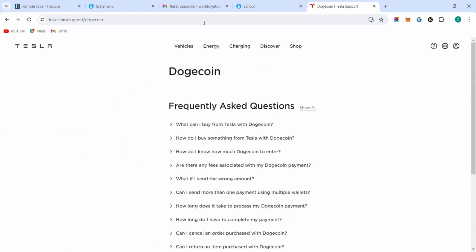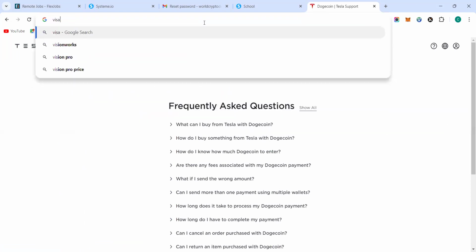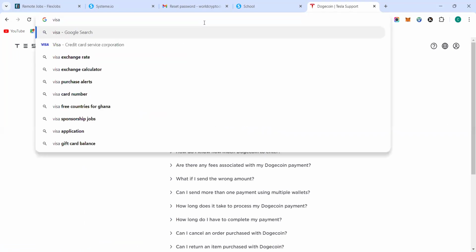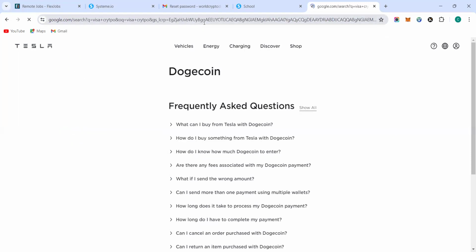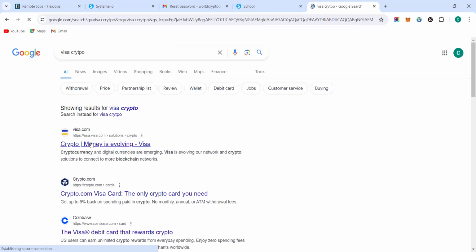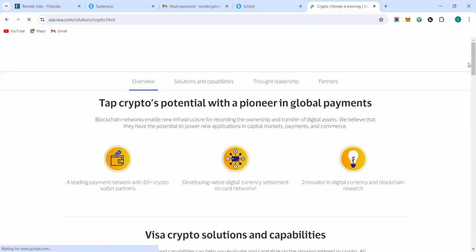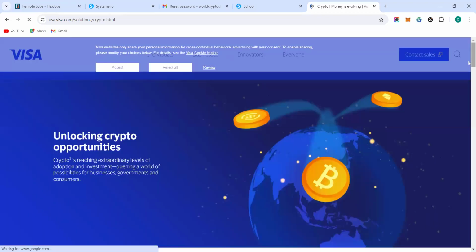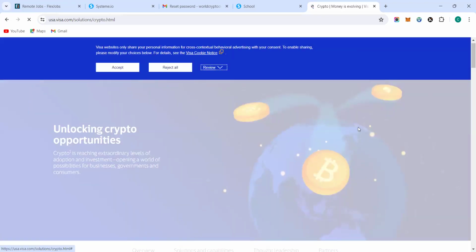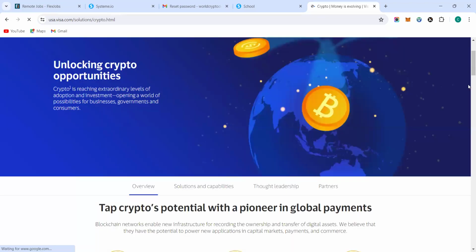We also look at very familiar companies, Visa and MasterCard. They are also evolving. We're all used to paying with our bank cards. Now these entities know the potential and know what is coming, and they're building projects in the crypto industry.